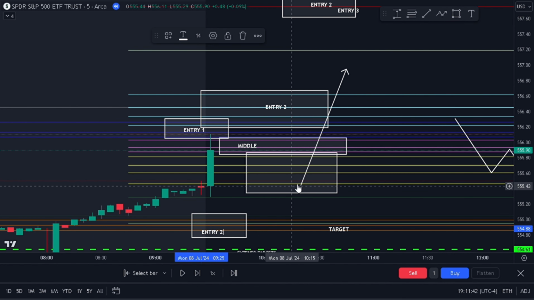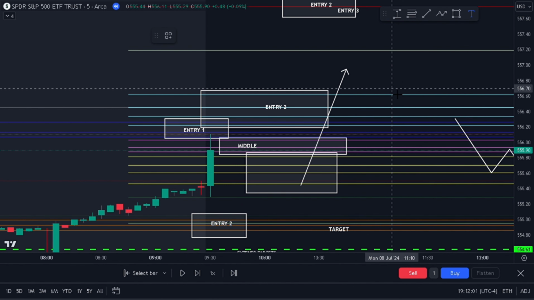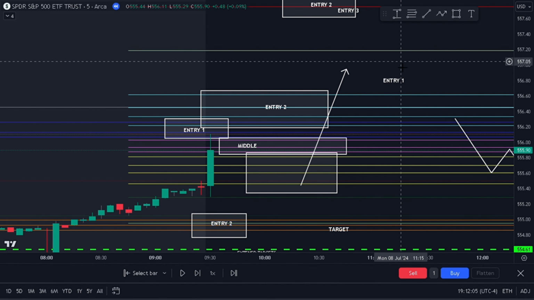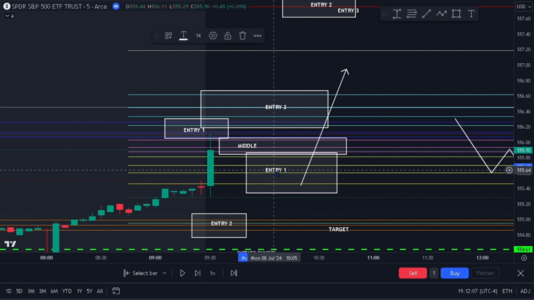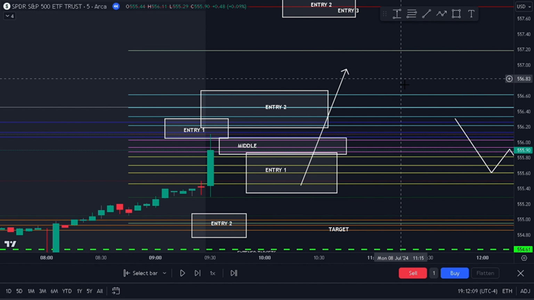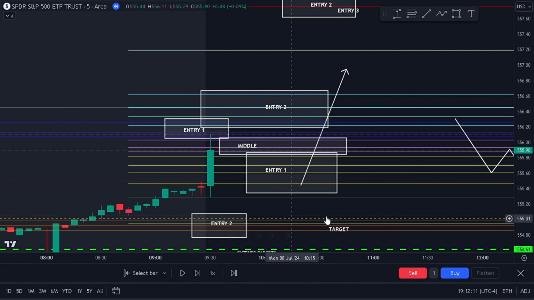Wait, what the heck? Why is it disappearing? Okay, that's strange. I don't know why that's happening. Entry 2. Entry 1. Okay, cool. So we have entry 1, entry 2 if it was going to the upside.